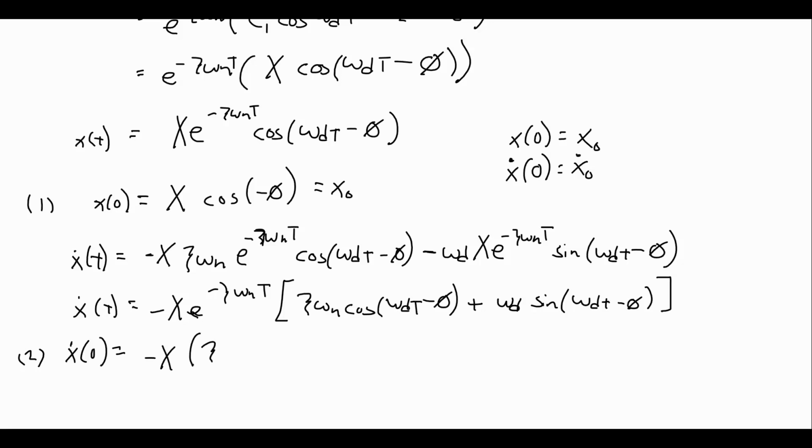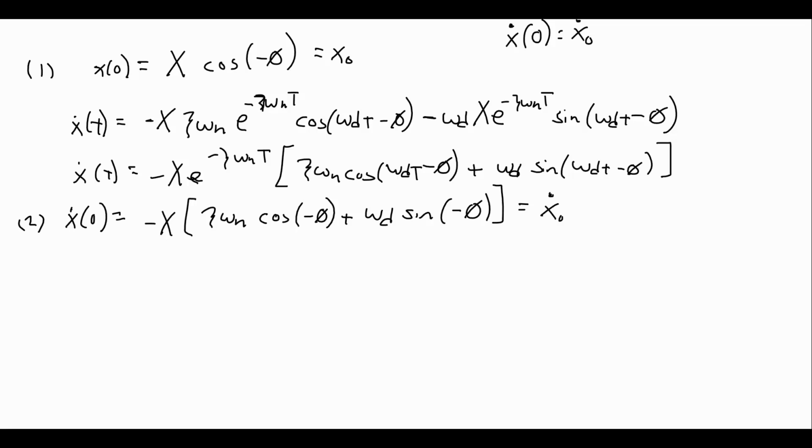And on the inside, I am going to have here zeta omega_n cosine of 0 minus phi, which is cosine of negative phi, plus omega_d sine of 0 minus phi, sine of negative phi. And again, I know that that's going to be some constant value x naught dot.